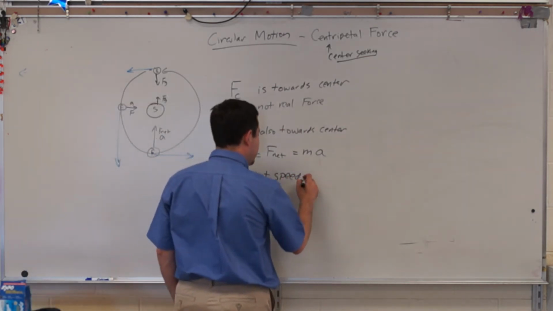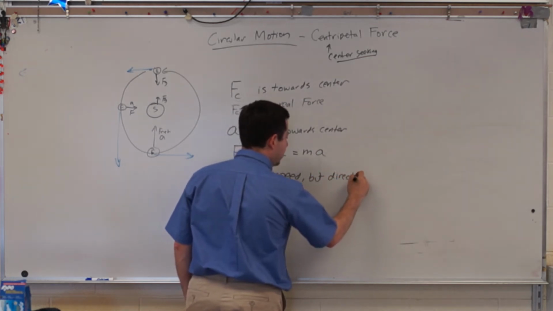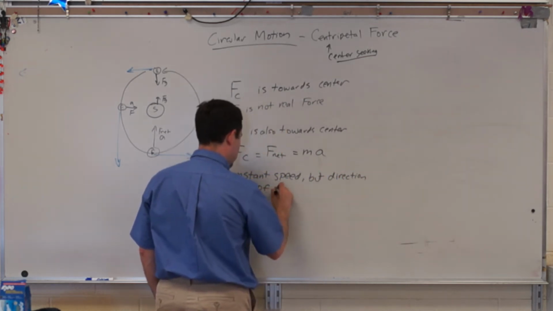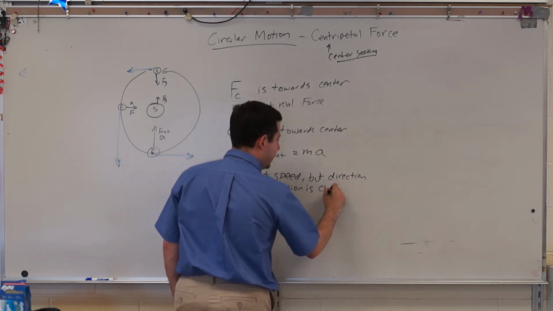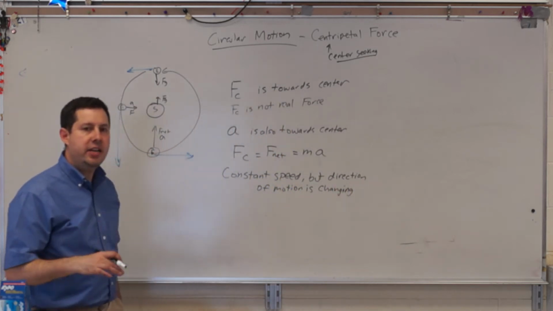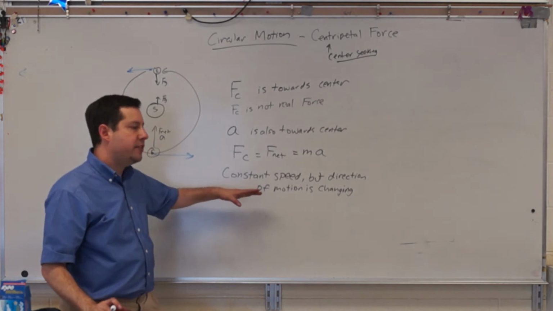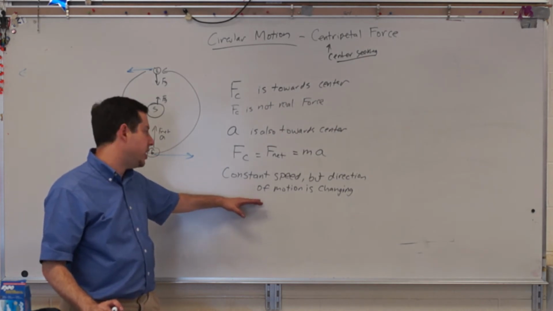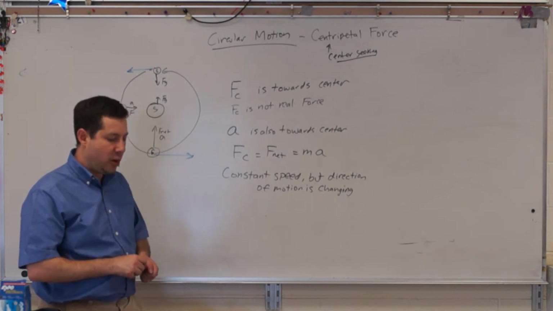Well, it's constant speed, but the direction of motion is changing. And since acceleration is a change in velocity, and velocity is not just speed, but direction, if the velocity vector direction is changing, you have an acceleration, and thus a net force.